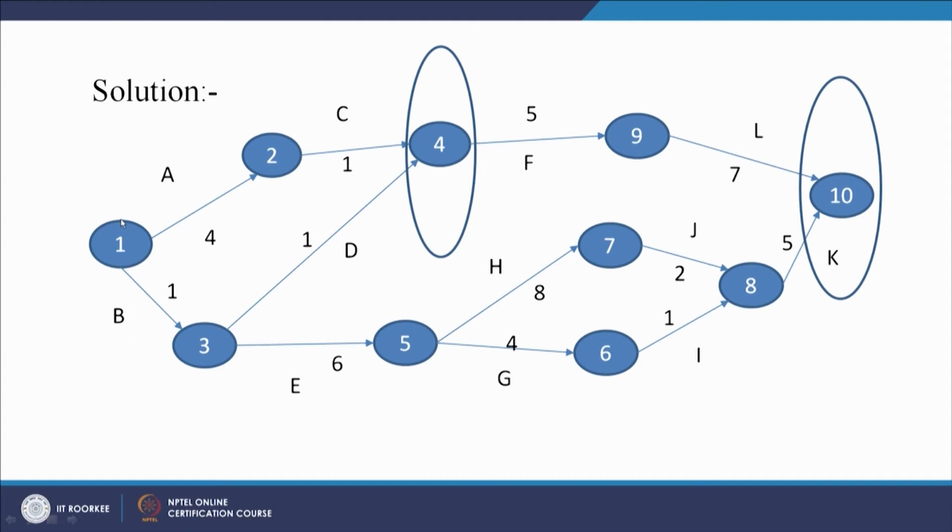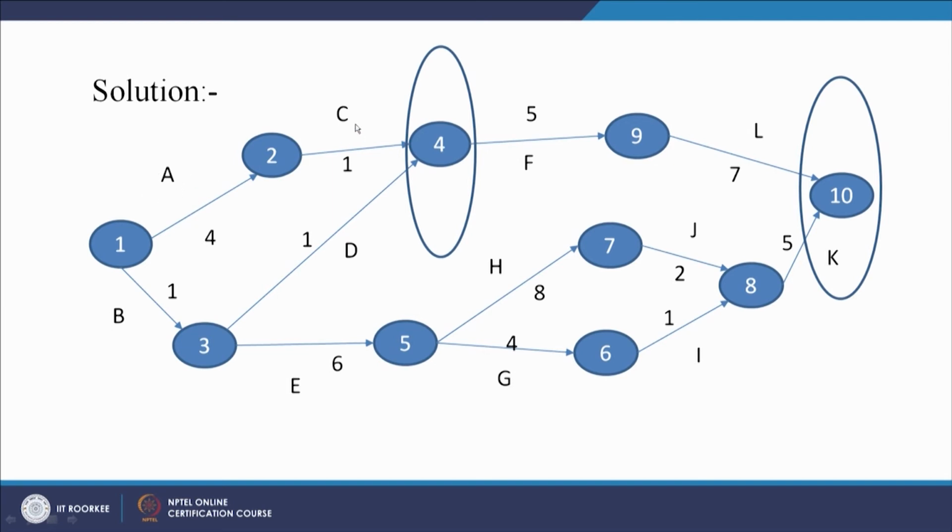Now how much time will activity A take? The information is already available with you. It will take 4 days. Is it correct? So activity A will take 4 days, activity B will take 1 day only. So activity C, at the earliest, can start after activity A has been completed.